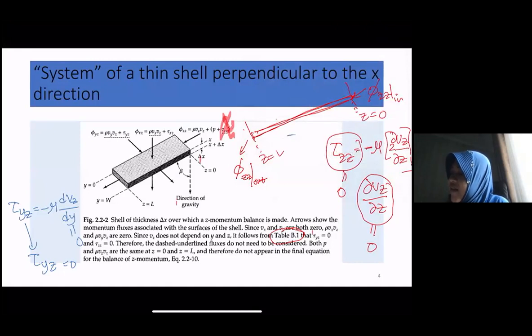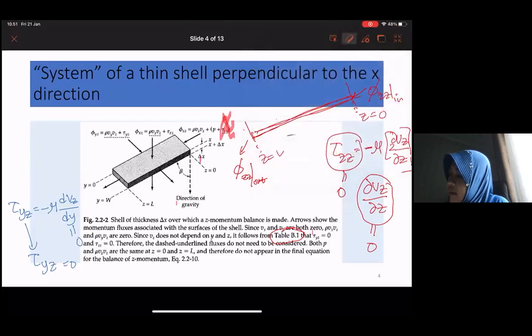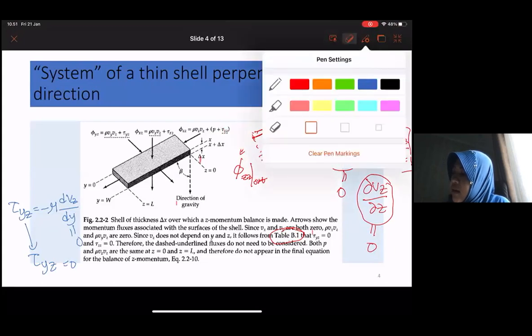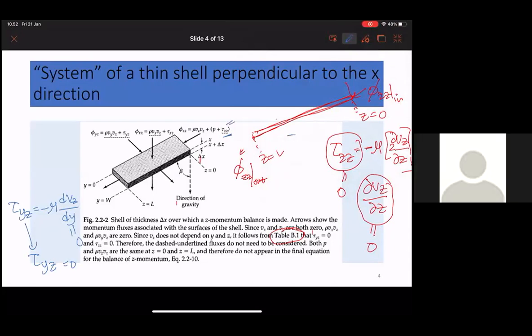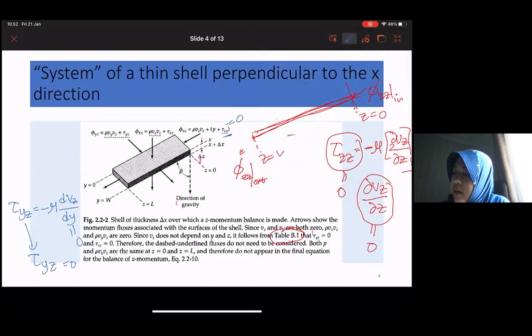It's 0. Yes, this one is 0. Okay. How about tau xz? There is tau xz, and how about tau yz? That would be equal to 0 as well. How about this one? Rho phi z, rho phi y phi z. Is it 0?